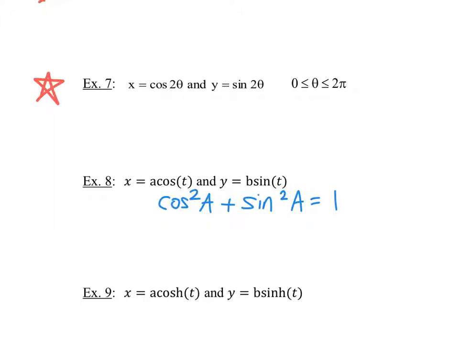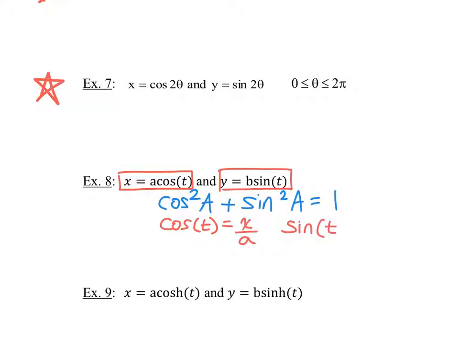So what I'm going to do is manipulate these so that they're solved for cosine and sine, respectively. In the case of the first equation, all I'm doing is dividing out an a. So cosine of t is equal to x over a, and sine of t is equal to y over b.